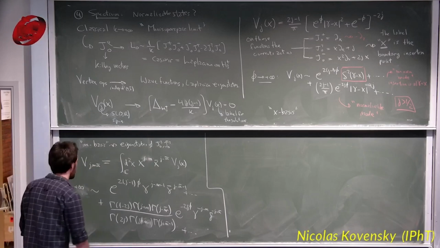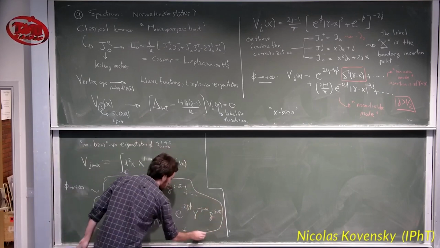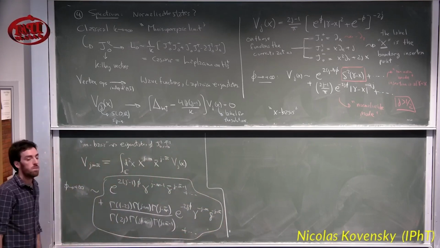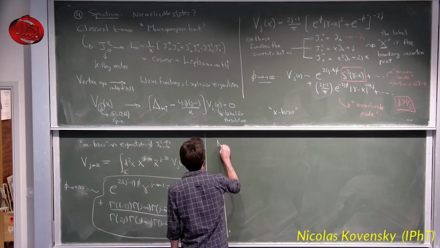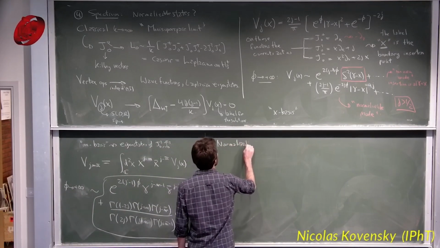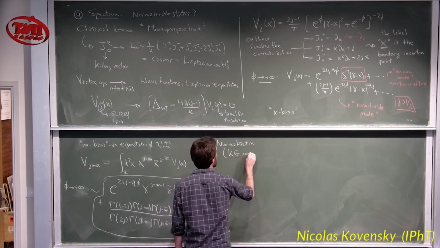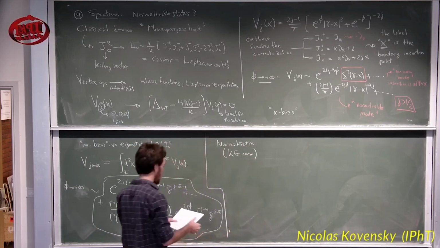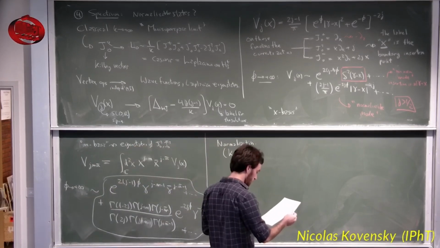But what I'm interested in, I think this formula is particularly useful because it allows us to see exactly what the normalizable states are. So again, I'm going to choose the normalization with the usual Klein-Gordon norm at the classical level.